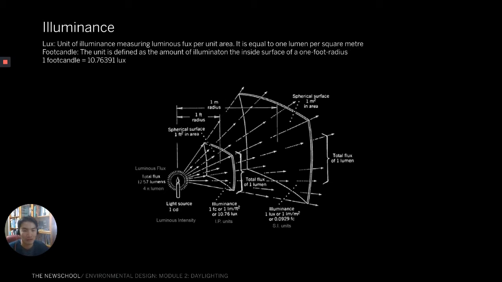Although 1 foot-candle is 10.76 lux in theory, considering the complexity of the various measurements involved, it is safe to simplify this and assume that 1 foot-candle is roughly 10 lux.